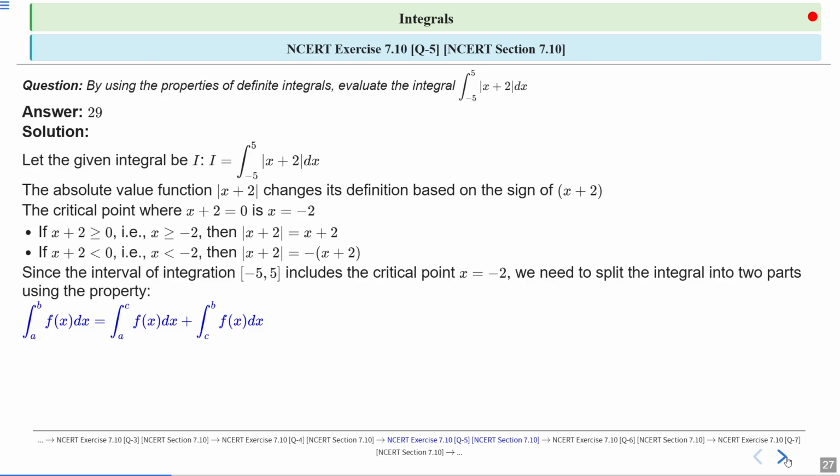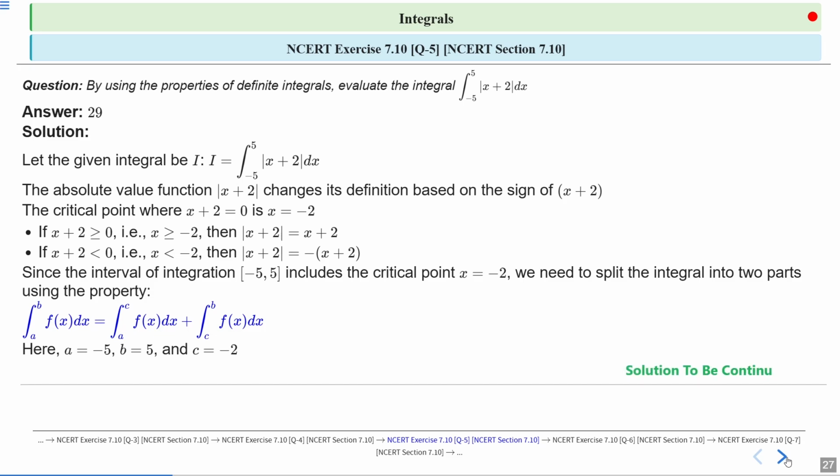So to find the value of the definite integral from a to b of f(x) dx, we just need to calculate the value of the definite integral on the subintervals and combine them to get the value on the entire interval. Here the value of a is minus 5, b is 5 and c is minus 2.